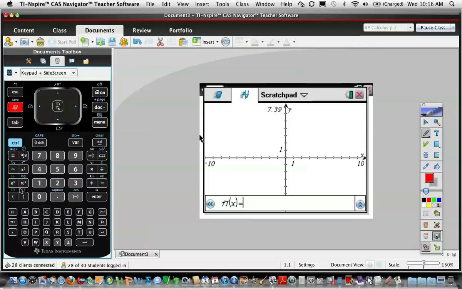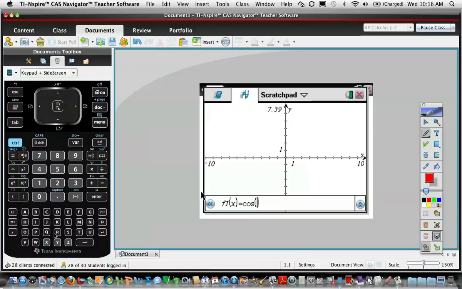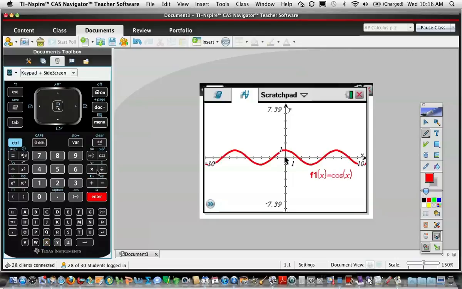So let's go ahead and graph the cosine graph. Did they give us a window? We're supposed to find the window centered at 0, 1. Okay. So that's, of course, this peak right here on the cosine graph.